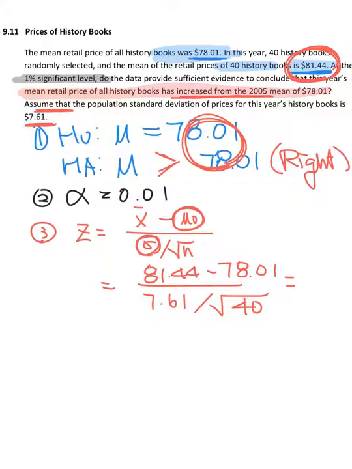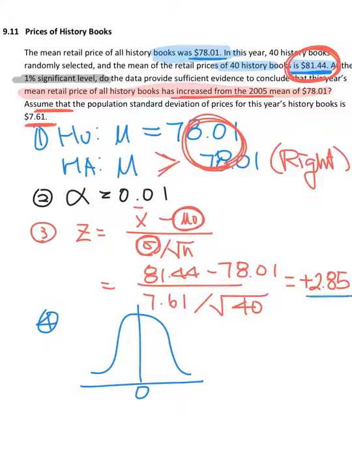I can expect positive, what? 2.85. Is it correct? 2.85. Okay, now step 4, the p-value from the standard normal distribution, where the mean is 0. The test statistic, the z-score, was 2.85.